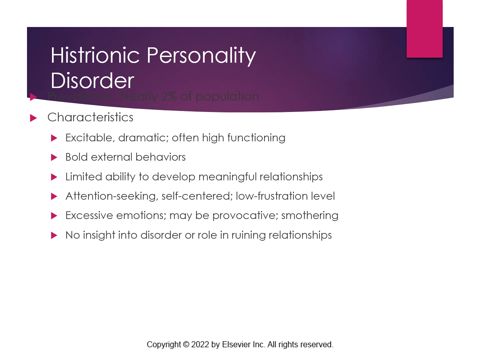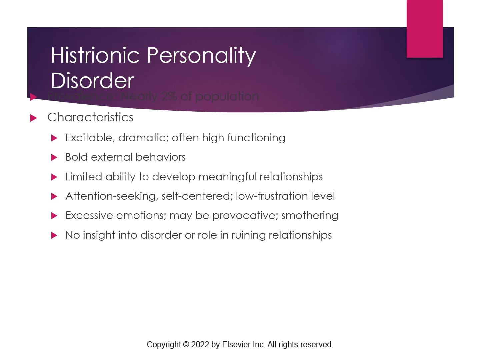The histrionic personality disorder. This has a prevalence of nearly 2% of the general population, and the characteristics include they are very excitable, they are dramatic, they often are high functioning, and they have bold external behaviors. They have a limited ability to develop meaningful relationships, and they are attention seeking, self centered, with a low frustration level, and they have excessive emotions.